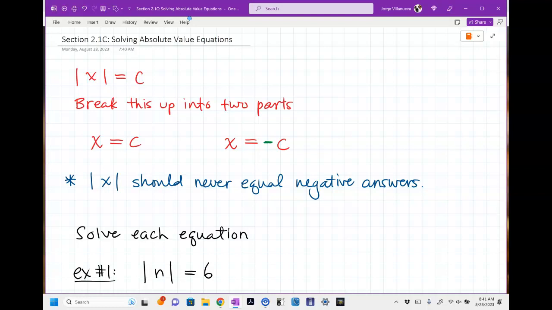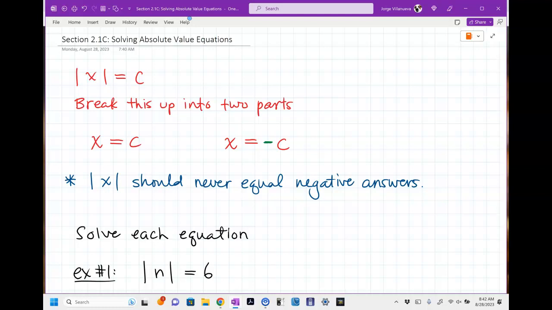What happens anytime you put anything into an absolute value? Like, what's the absolute value of -5? 5, right? What's the absolute value of 3? 3, right? The absolute value of a positive number is always a positive number. The absolute value of a negative number is always a positive answer, right? So the absolute value always gives you positive solutions, okay? So that's why the absolute value should never give you a negative answer.